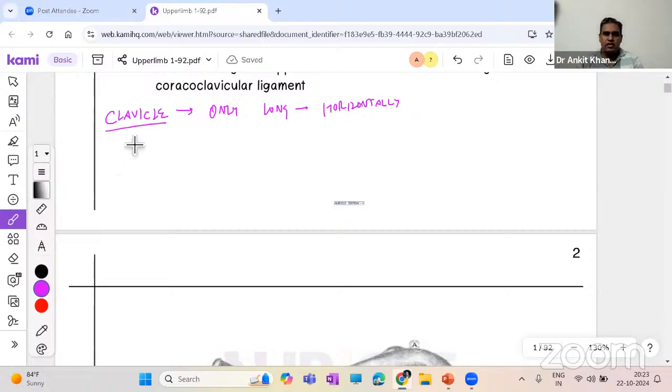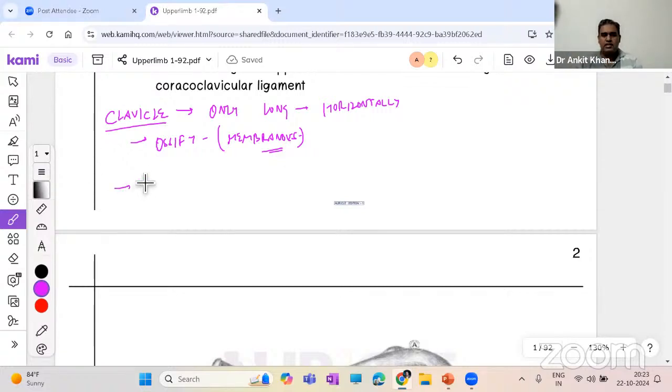It is one of the initial bones to ossify, and its ossification is a bit different from the majority of bones, because the majority of bones have an endochondral ossification. In this clavicle we normally have a membranous ossification. Do remember this also. Clavicle lies horizontally, and it has a membranous ossification. There are many other things, like it has two primary ossification centers. But yeah, you should know this.